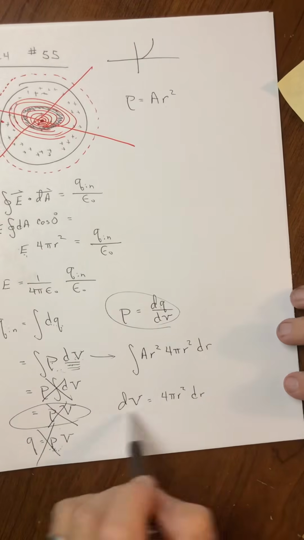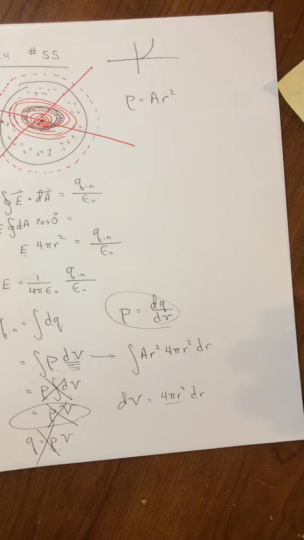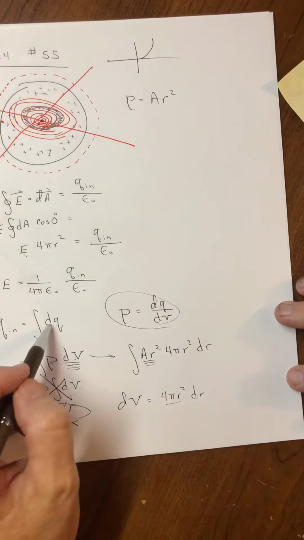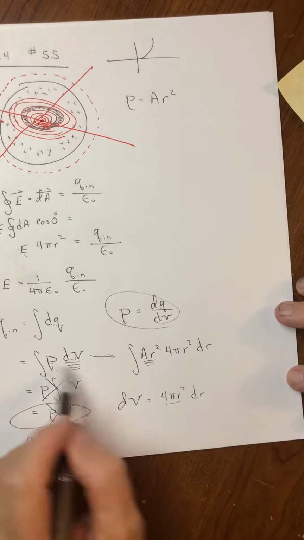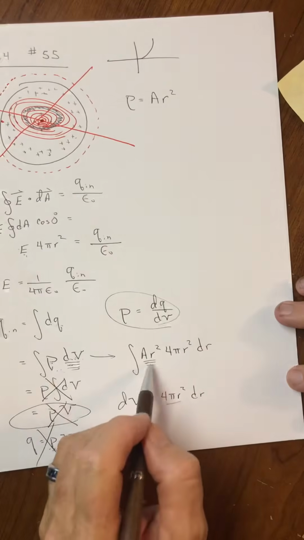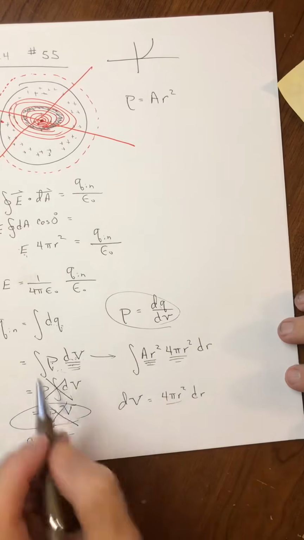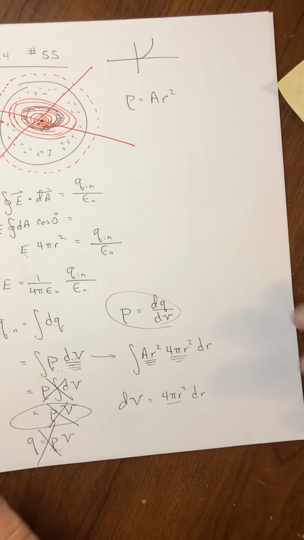So this is the mathematical relationship between a dV and a dr, so this is the Jacobian. All right, so we did our first transformation of variables from a dq to a dV, and we got this rho, which we then substituted in its equation. Then we did another change of variables from the dV to the dr, and that's the second Jacobian.